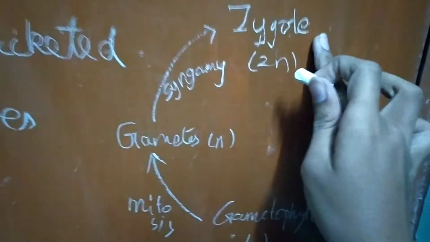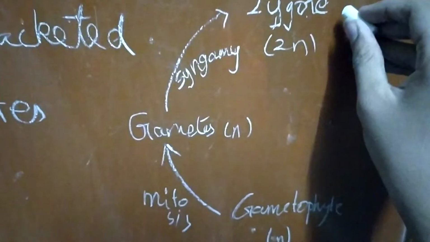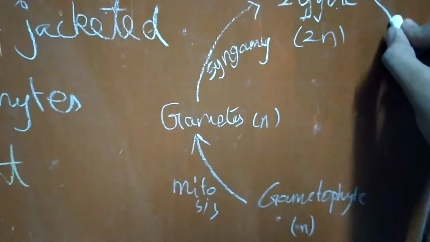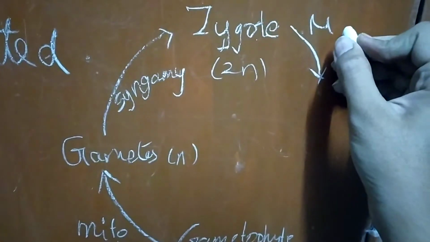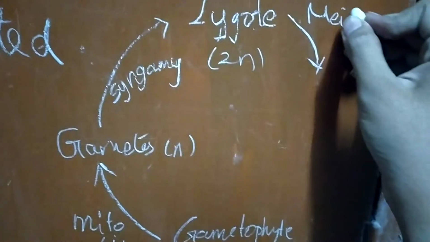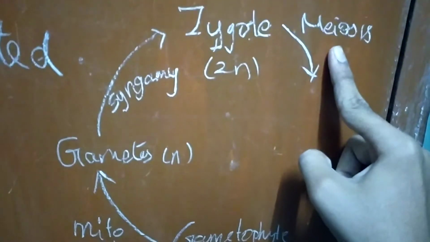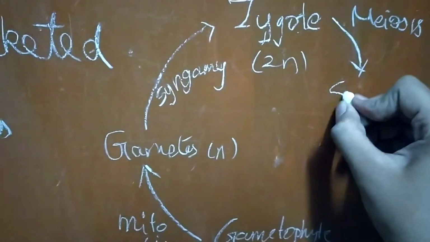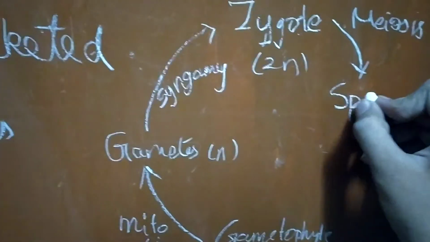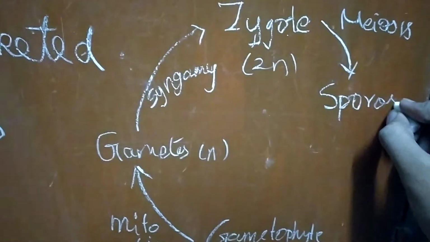So this zygote here, there's no formation of sporophyte. This zygote undergoes meiosis directly. So by undergoing meiosis, it gives rise to spores again. So there's no formation of sporophytes here.